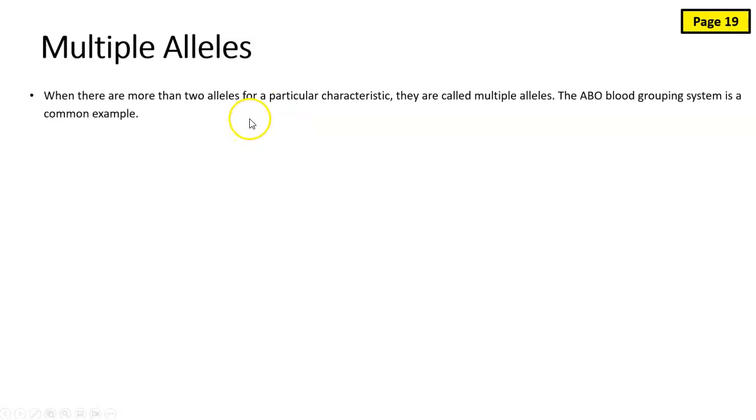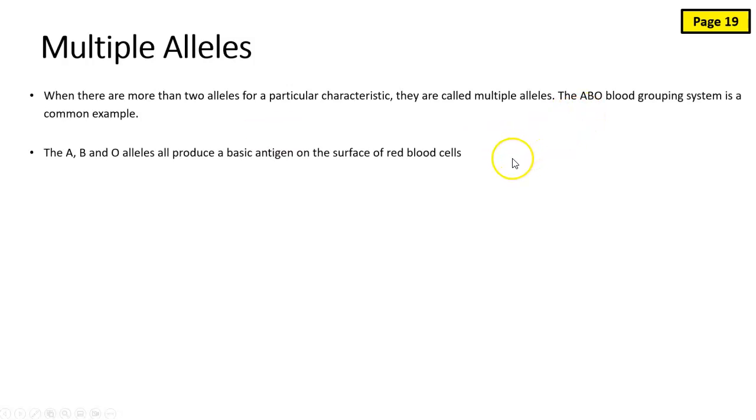Alright, so moving on now, we're going to be looking at multiple alleles. As the name suggests, there can be more than 2 alleles that code for a particular characteristic. And as we alluded to earlier, the ABO blood grouping system is a common example.